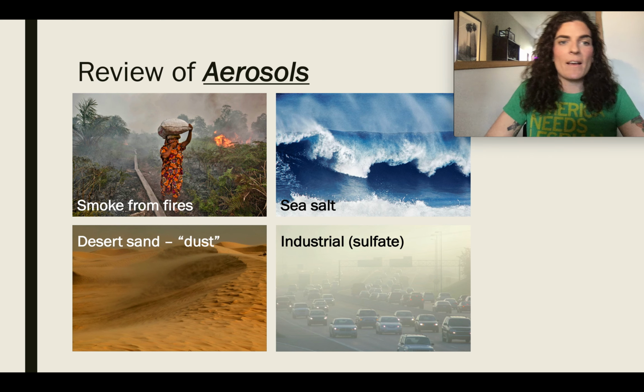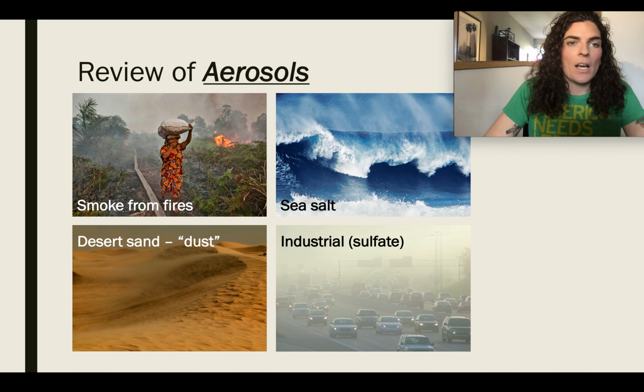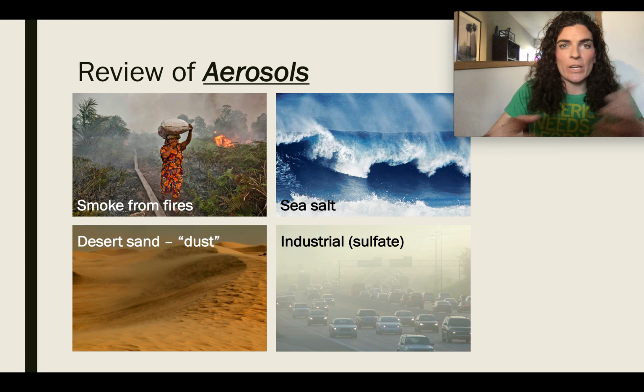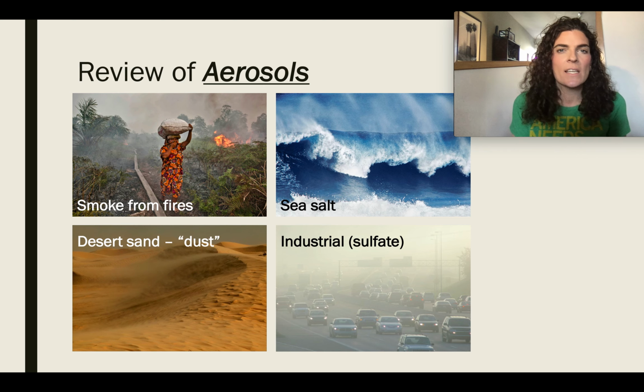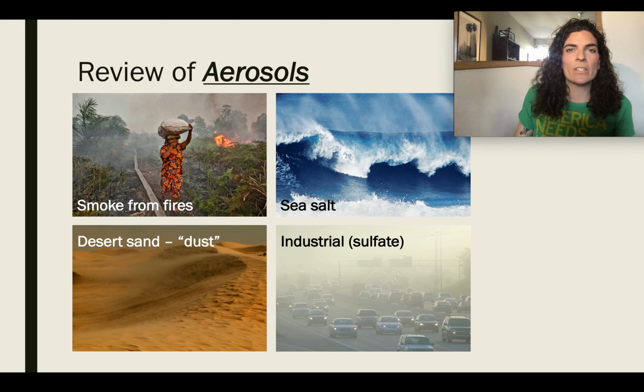And then finally we have smoke, which is emitted from forest fires, wildfires, and crop burning. This smoke is different from industrial aerosols in that it's typically darker, made from organic and black carbons. It is reflective, but not nearly as reflective as, for example, industrial sulfate aerosols. It's more absorptive and has slightly different effects on the climate.